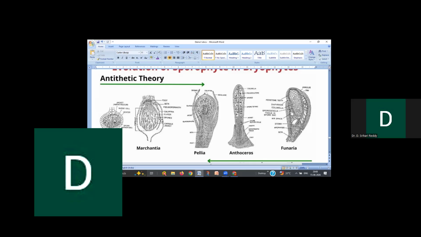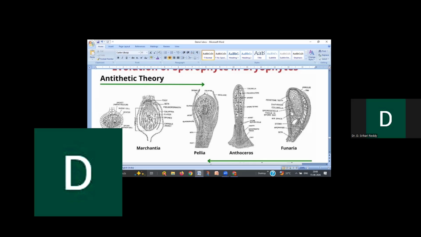The fertile tissue content keeps decreasing with reference to sterile tissue. So, what is the purpose of sterile tissue? Is it progressive or retrogressive? With reference to progressive evolution theory, this sterile tissue is required for the liberation of the fertile spores.